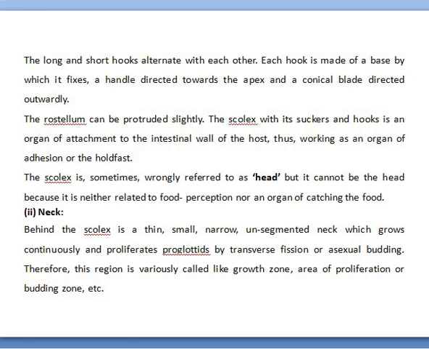The inner circle has the larger hooks and the outer circle the smaller ones. The long and short hooks alternate with each other.